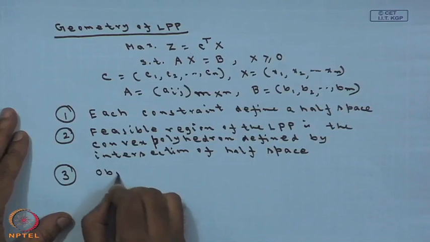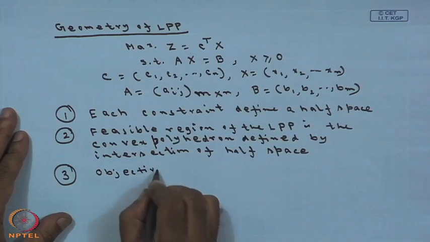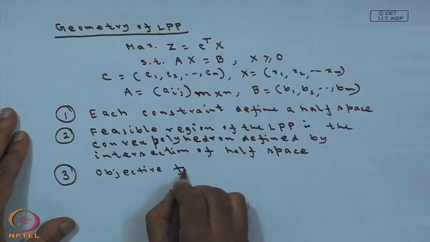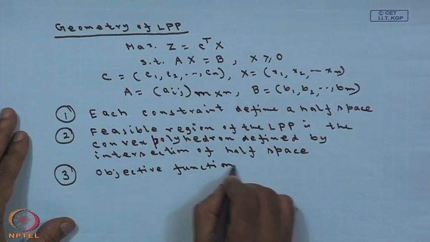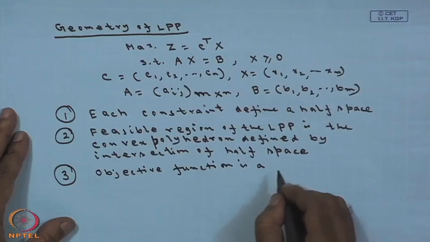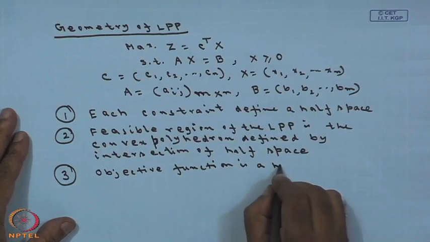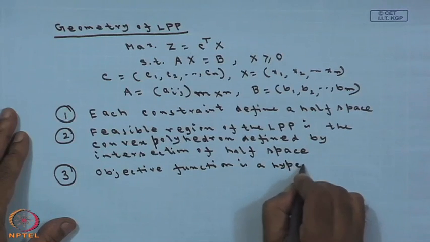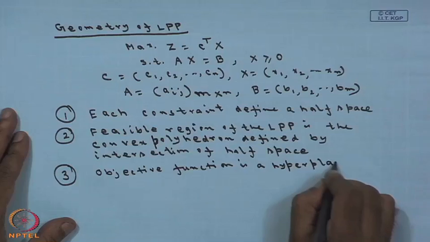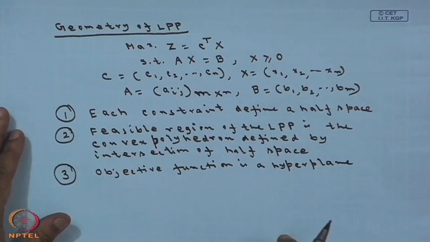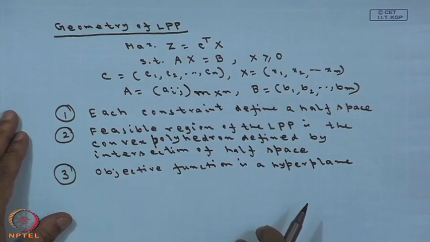Your objective function is this one. Again it is clear, if you see the form of the objective function z equals C transpose x, then this represents one hyperplane. So, now you see the problem, maximize z equals C transpose x subject to A x equals b.